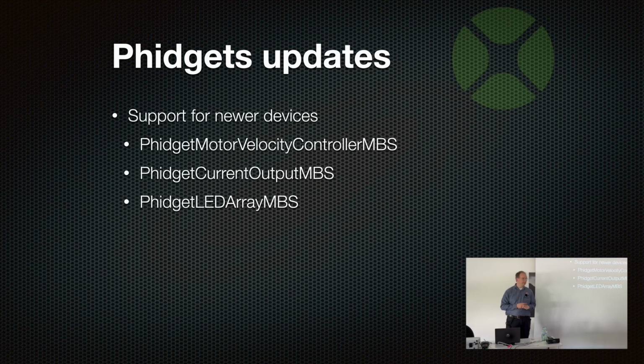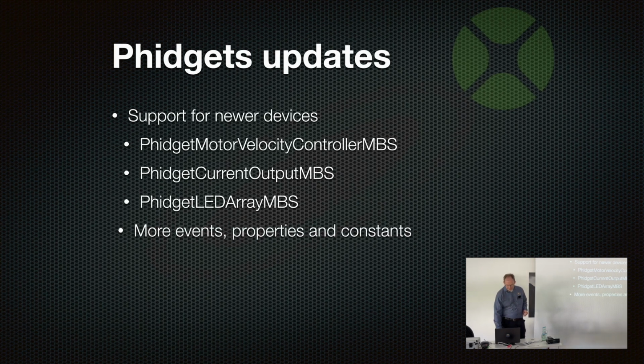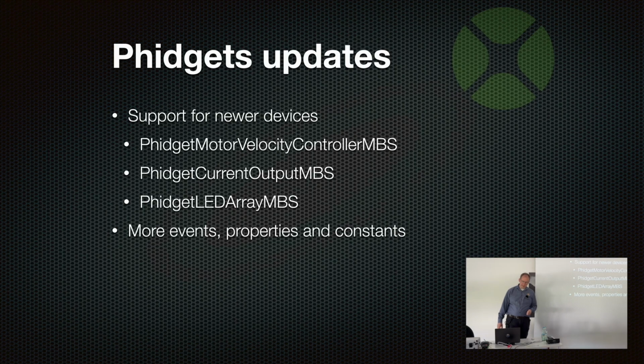We got LED arrays, so you can have a long cable with LEDs, and you can run animations on it and turn it on and off. So if you need to run a party, you can control that with your Xojo app. And in general, we added a lot more events and properties over time because this library gets bigger and supports more things. So I added them because I have a couple of users actually running a lot of Phidgets.